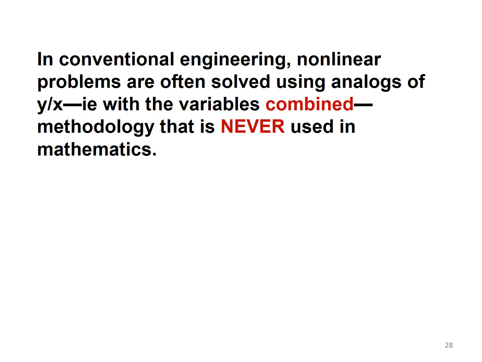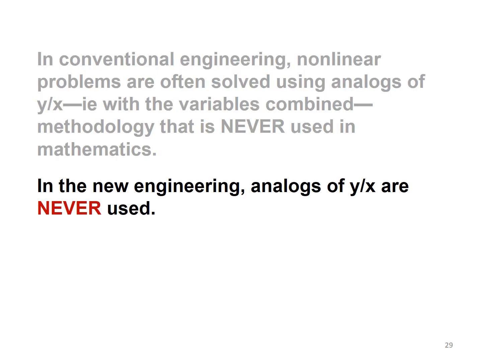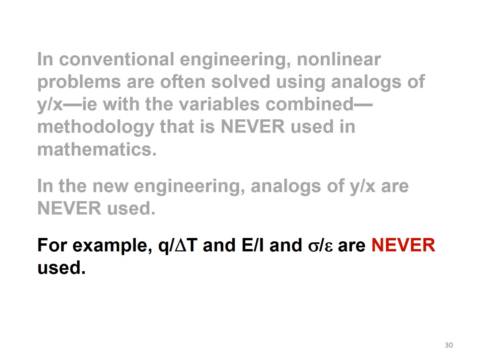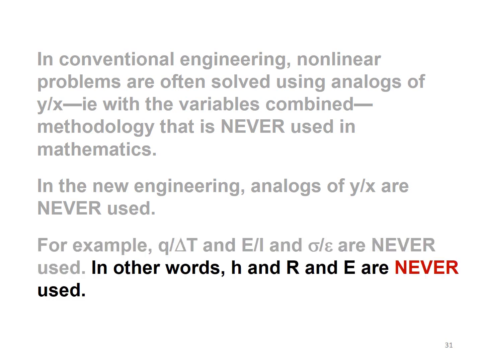In other words, with the variables combined, methodology that is never used in mathematics. In the new engineering, analogs of y over x are never used. For example, q over delta t and E over I and sigma over epsilon are never used. In other words, H and R and E are never used.